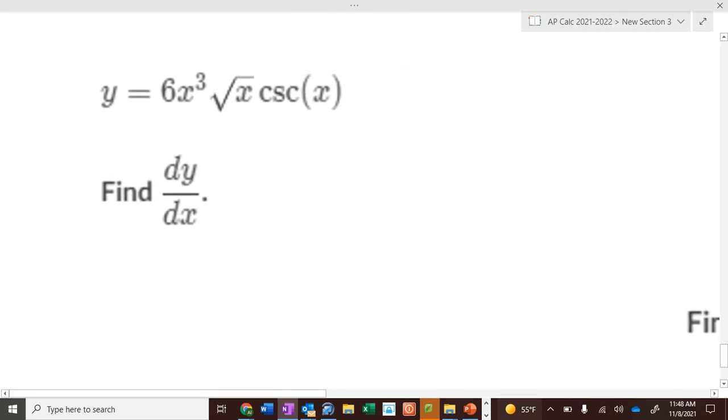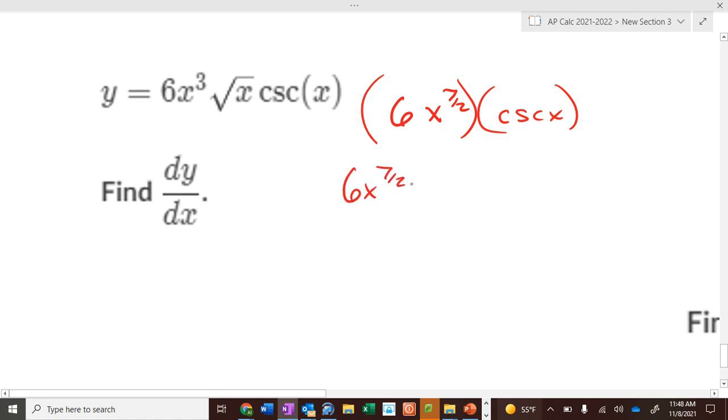And then this one. That's the product rule. Okay. This one, for me, simplify it first. This is 6x to the 3 plus 1/2 is 3.5 or 7/2, cosecant of x. So it's just a normal product rule. Okay? So it's 6x to the 7/2. What's the first derivative of cosecant of x?